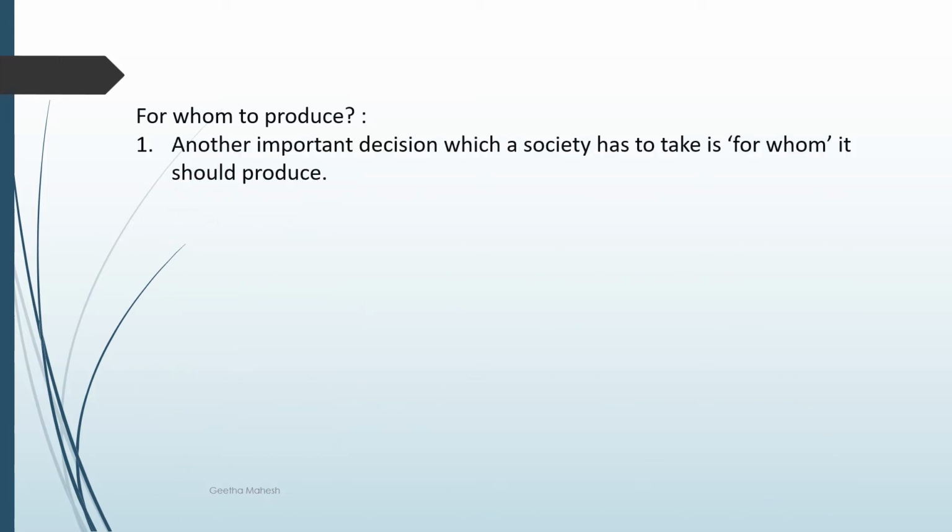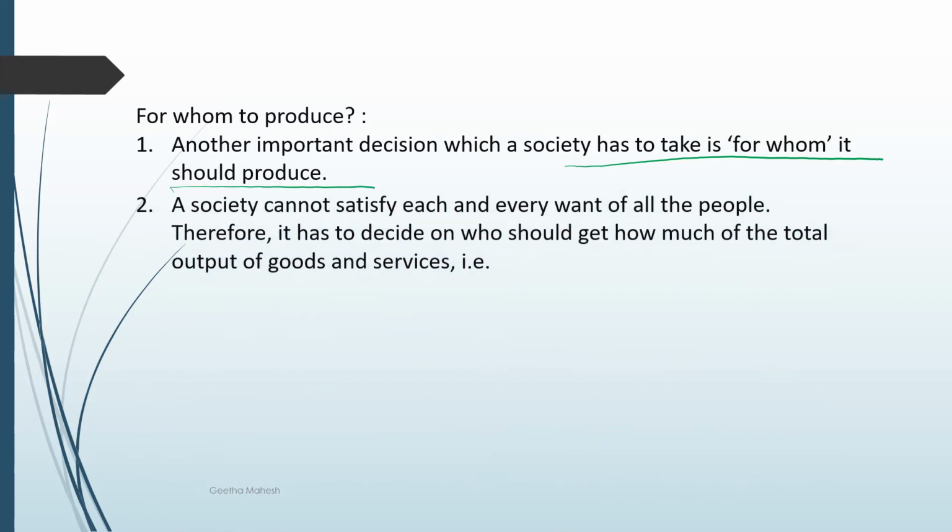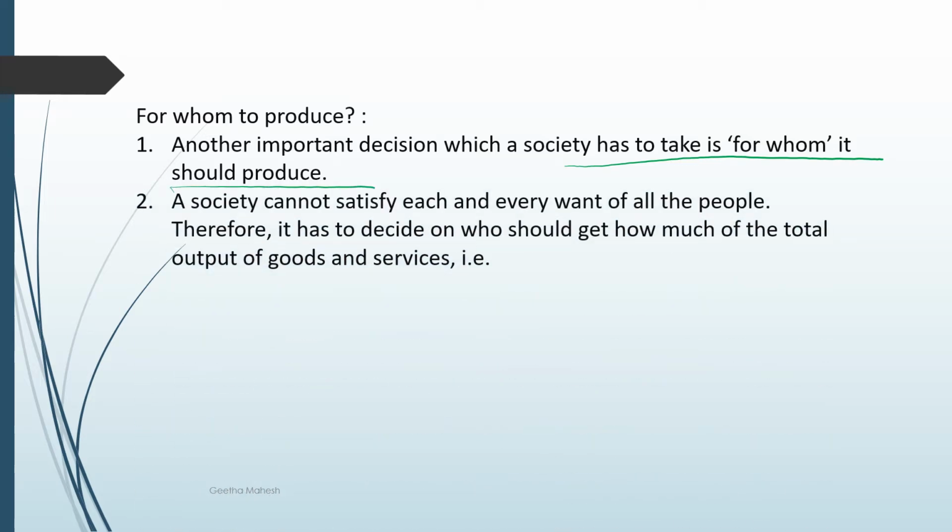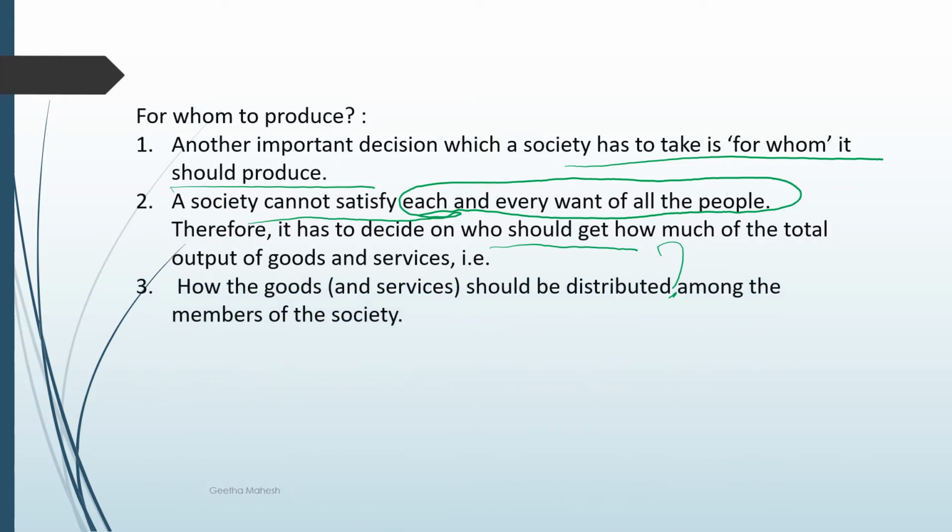So it is another important decision which society has to decide: for whom they are going to produce goods and services. As society cannot satisfy each and every want of all the people, therefore it has to decide who should get how much of the total output of goods and services.